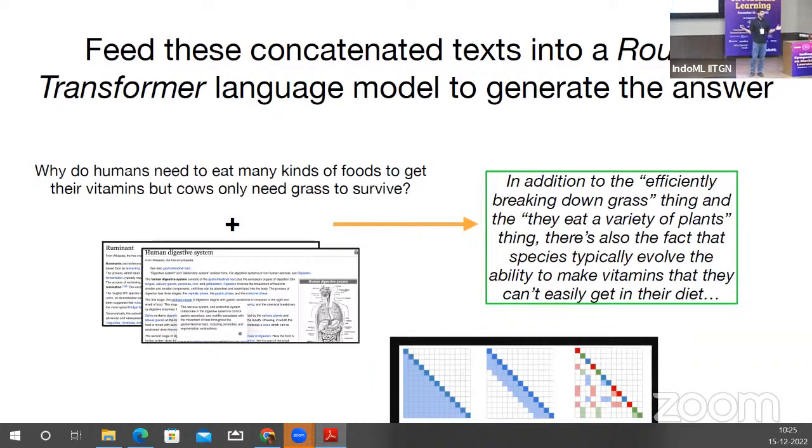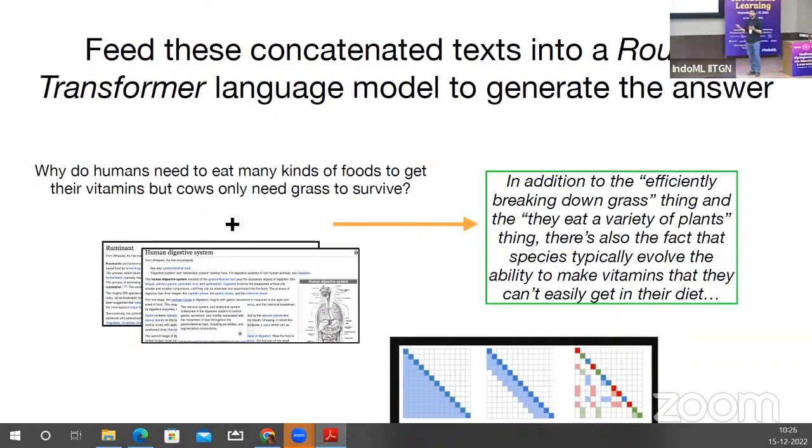All of them are concatenated together to give you a context of 8,000 words max. So doing attention over 8,000 words is infeasible. Instead, we'll do a clustering over these 8,000 words using k-means, and we will do attention only within each cluster. So we're not going to ever compute full attention over 8,000 tokens.